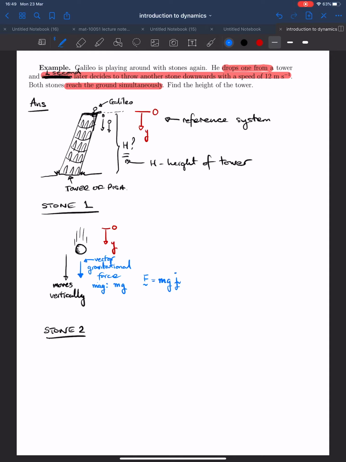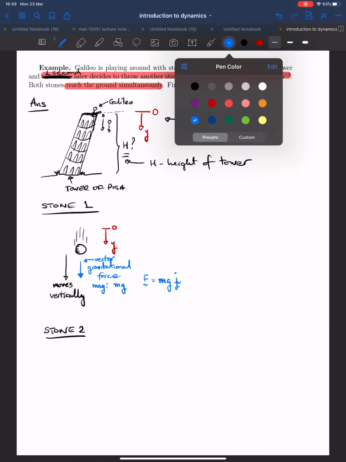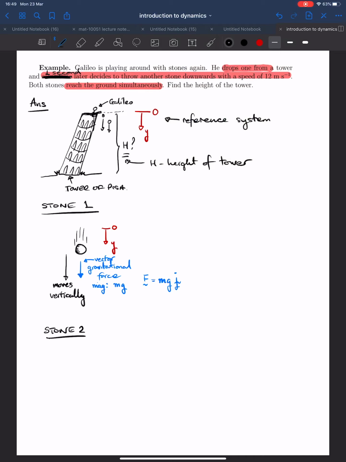Now, what I'm going to do is skip some steps, because you can repeat a lot of this if you look back at the old videos. So just a few essential pieces of information for stone 1. It says that the stone is dropped.